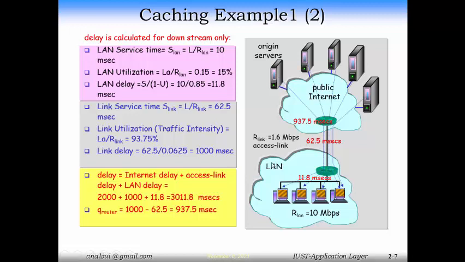What about the middle link here? I can repeat my calculations. L divided by R, where R is 1.6 megabit per second. So the service time of this link is 62.5 millisecond.